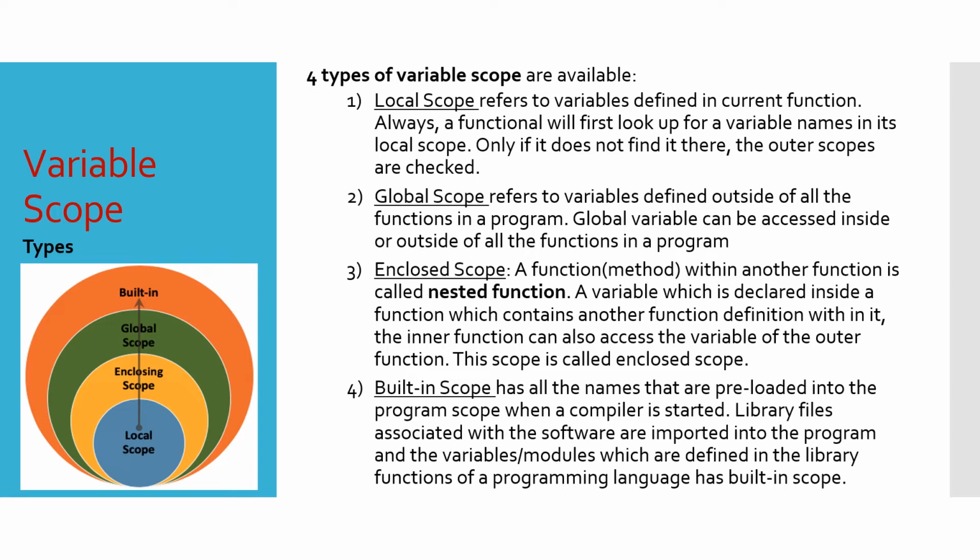Local scope, then encompassing that is the enclosing one, and if we take it to the next level, it's global, and then the other one is the built-in one. So I hope that's very clear. The LEGB rule and the definition of each of the scopes are very important.